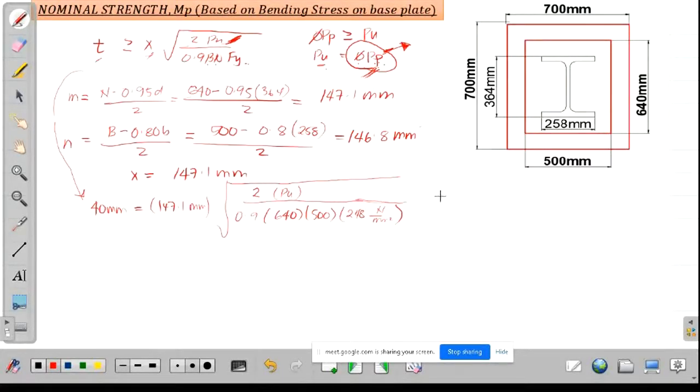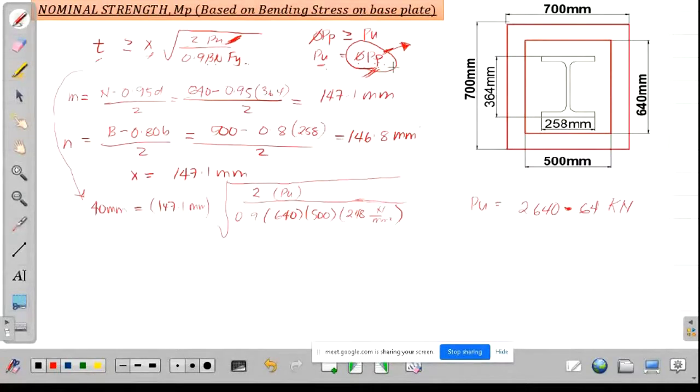So what will be the value of our PU? 2640.64. That is in kilo Newton. I think the unit there is kilo Newton.